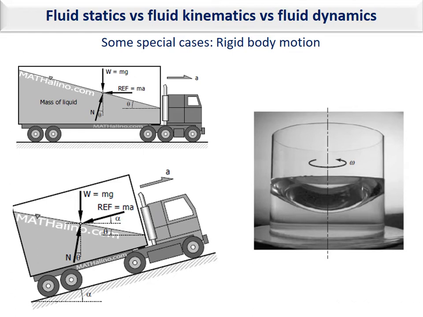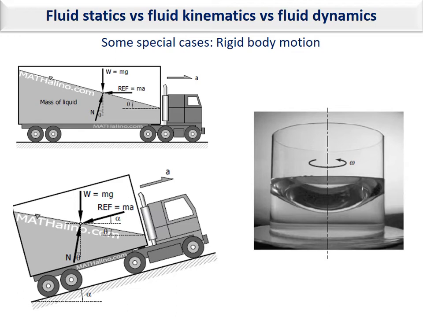For example, you can consider a cylinder like the one shown here, which can be rotated either around its own axis or another axis of rotation. Actually, there is no difference in the basics, but the shape of the surface will certainly be different in these two cases.